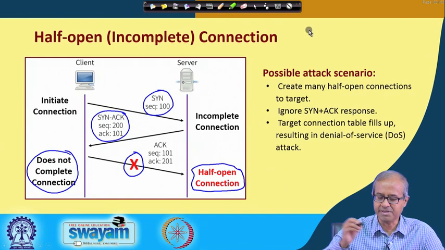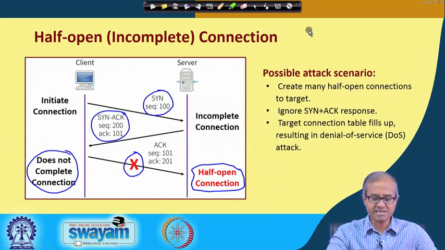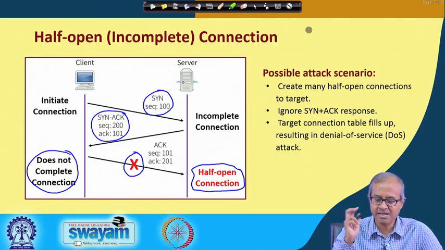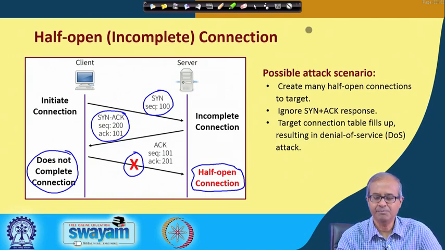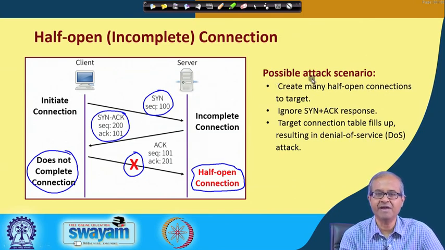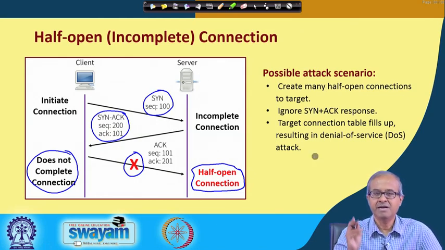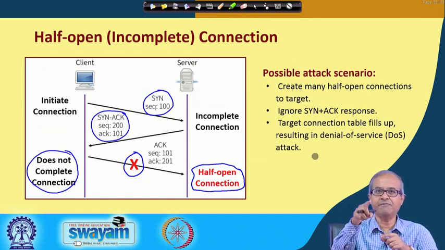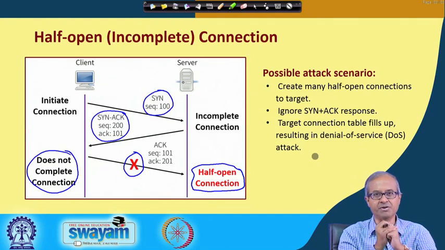But the problem is, this feature of TCP has led people to mount some kinds of attacks on systems. This is a simple attack scenario I am just mentioning. Suppose some hackers decide to target a particular computer.